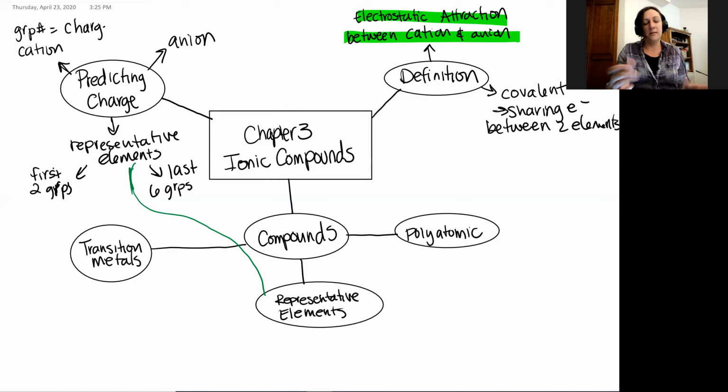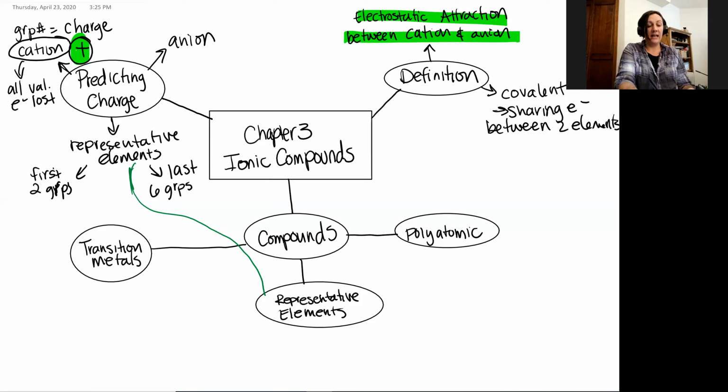That's because we're going to assume for these cations that all of their valence electrons will be lost when they form a cation. And we know that the cation's group number will equal the number of valence electrons it has from Chapter 2. So if it's in group 1, it'll have a +1 charge. If it's group 2, it'll have a +2 charge. It might be worth highlighting that these are all positively charged.